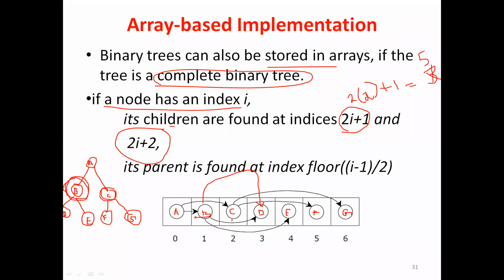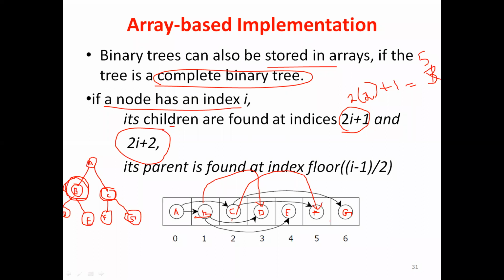I'm calculating the indexes of the children F and G, because F and G are the children of C. Once I know C is at index 2, I can easily find the location of the left child and right child of C. So it is 5.